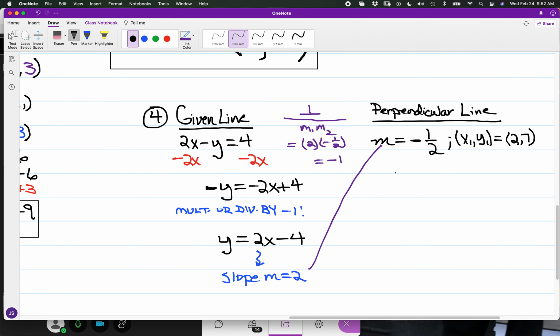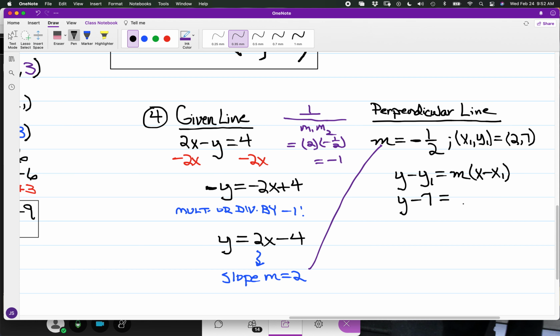And so for what we have through the point slope setup, we have y minus y1 is equal to the slope m times the quantity of x minus x1. Substituting, for y minus y1 we have y minus 7.